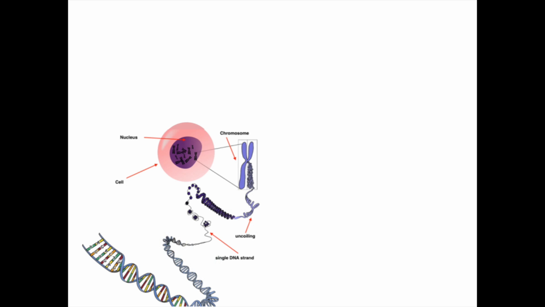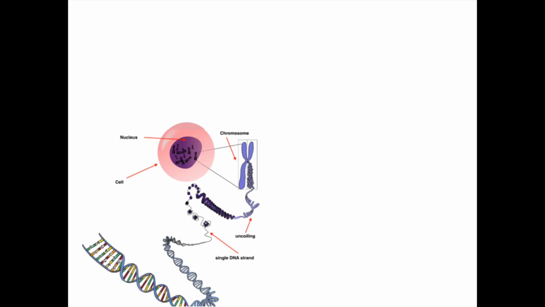So this model assumes that every unduplicated chromosome contains but a single linear strand of DNA, all wrapped up and coiled up like a rubber band within a chromosome.